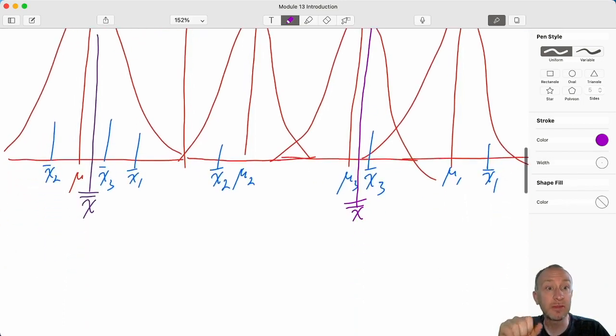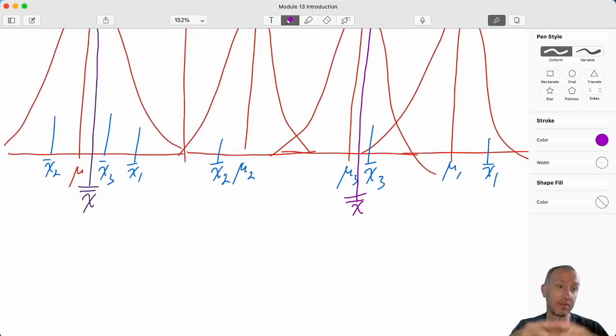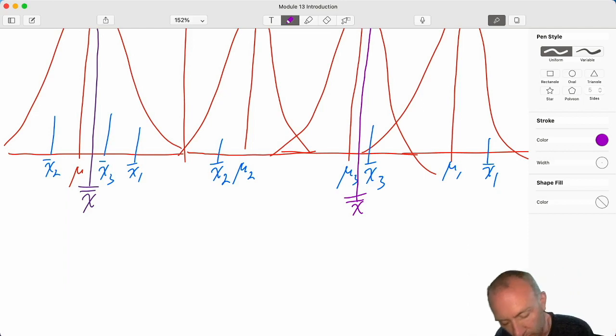Now, what we're going to be doing in this module is calculating different estimates of the population variance sigma. So we're going to be looking at 2 different estimates of sigma. One of them is what we call the sum of squares due to treatment.